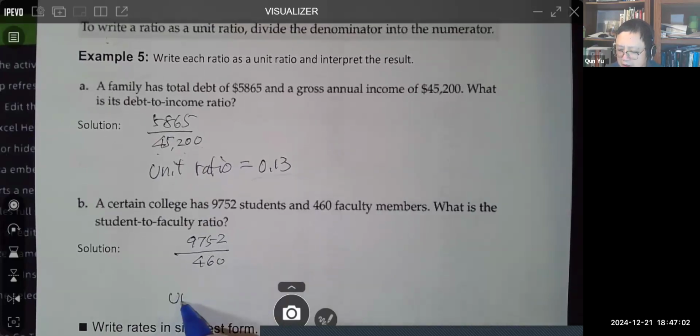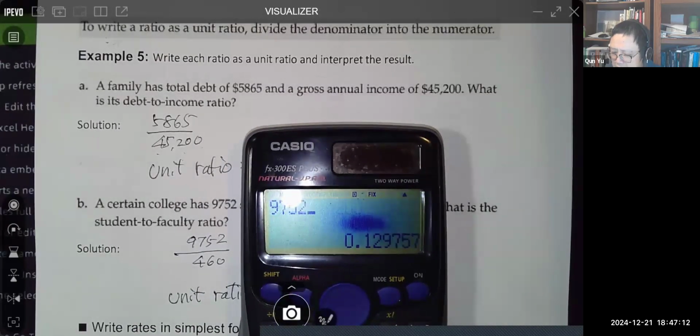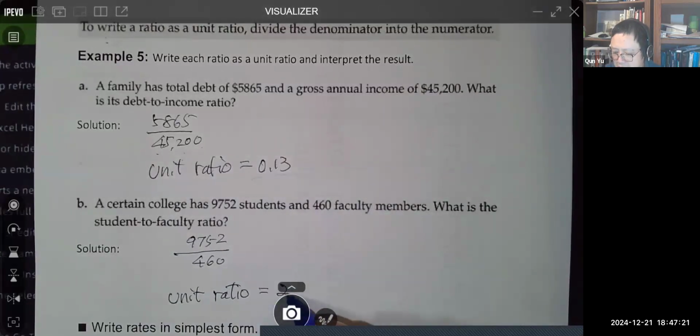But how about the unit ratio? Again, we simply do the division. 9,752 divided by 460 equals 21.2. Remember, the denominator is always 1. What does this mean? For every 1 faculty member, there will be 21.2 students.